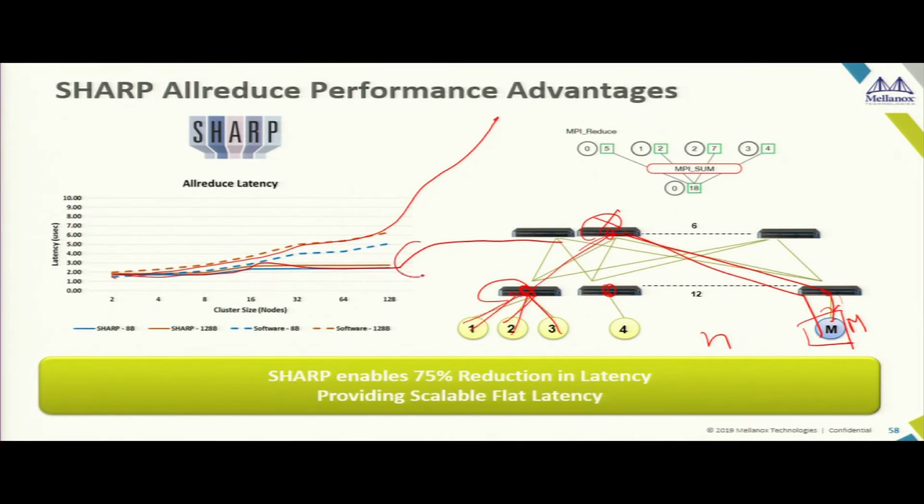The only step function that you will see in the latency will be when the network gets one more level. So if it was a 1-level network, there will be one step here. With a 2-level network, there will be another latency added because of this level. And then a 3-level network, another latency. But this one was geometrically increasing, almost exponentially increasing, whereas this one remains almost flat.